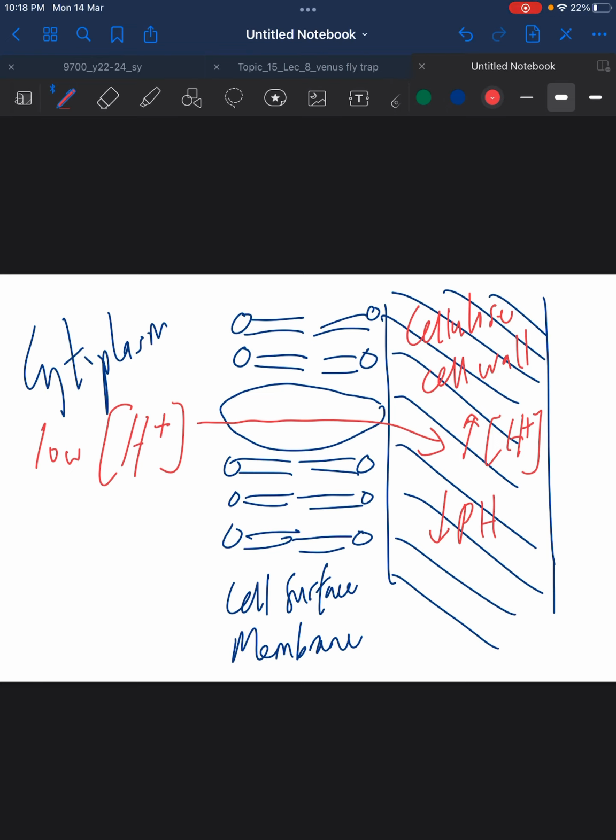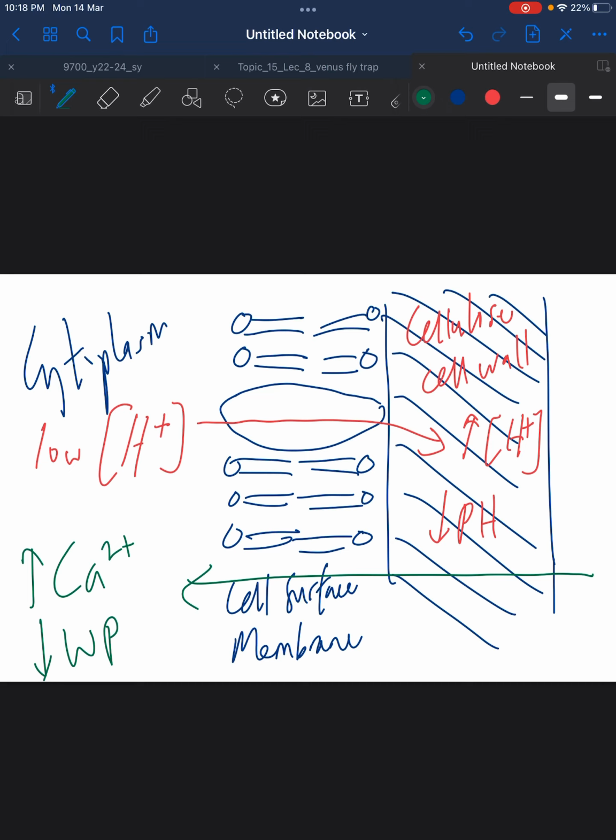Okay, the tension becomes loose, and then when the influx, remember the influx of calcium, okay, high concentration of calcium, low water potential.